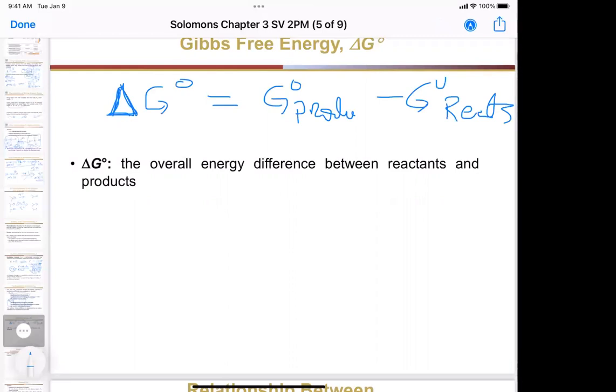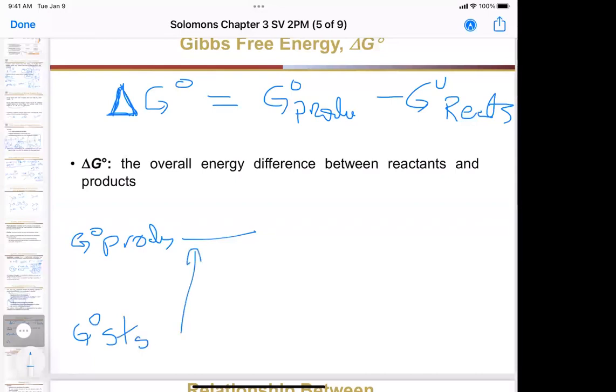So what does that mean? If we have more energy in the reactants than the products, we're going to get a negative number. If we have more energy in the products than the reactants, we're going to get a positive number. So what does that look like? Let's look at the energy of the products. It's higher than the energy of the starting materials.